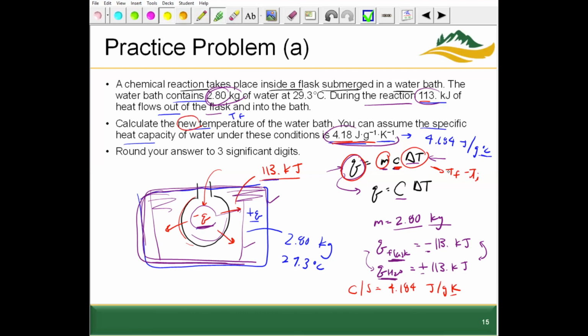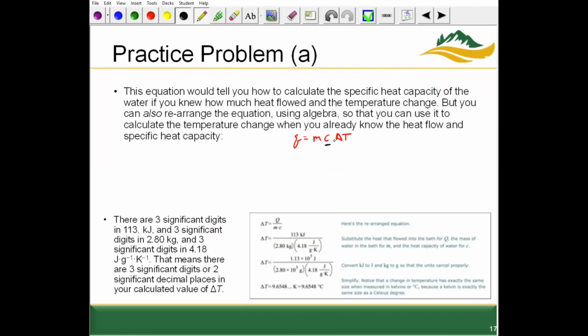So we are going to calculate T final, but we are told that it starts out at 29.3 degrees Celsius. So T initial of water, 29.3 degrees Celsius. Let's plug in Q, m, c, and T initial, then make sure we can rearrange and solve for T final. So the specific heat capacity of water is that 4.184 joules per gram Kelvin or joules per gram degrees C. Let's convert Q into joules.